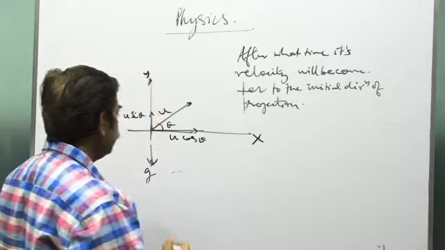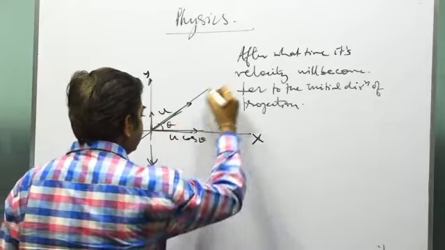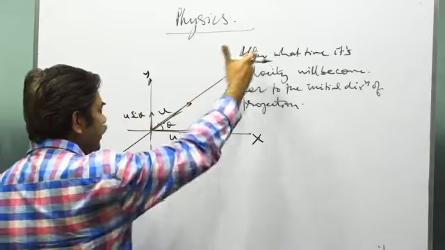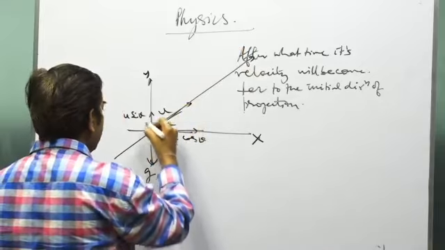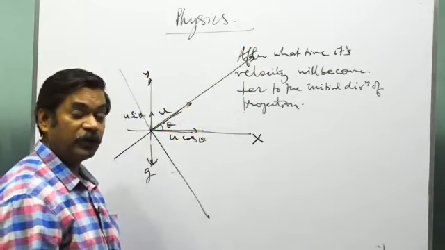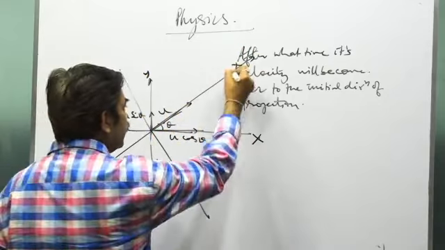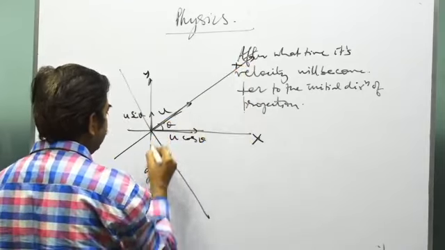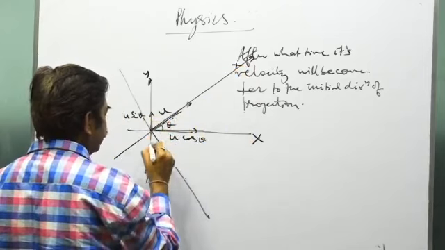How? What I do here is select the initial velocity direction as the one direction, and perpendicular to that I take the other direction. Now I resolve into components. Because the initial velocity is already along the x direction, it need not be resolved. The acceleration g is neither along x nor along y, so that will have to be resolved.